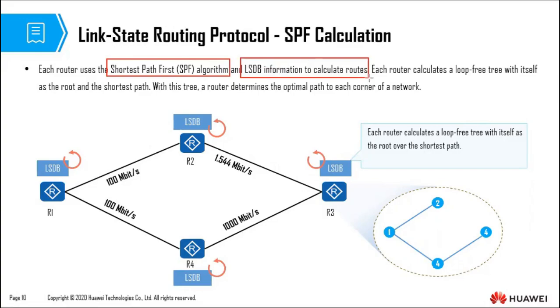From this information, each router is going to calculate its shortest path tree. Each router is going to calculate its shortest path tree with itself as the root of the tree to all the destinations in that network.